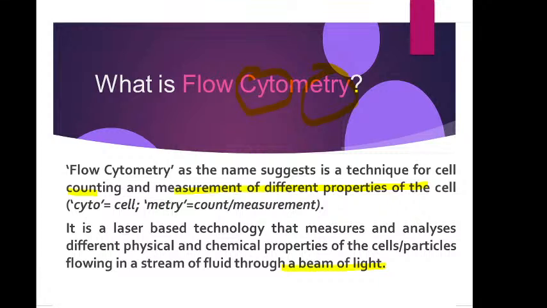So it's a computer based technology that measures and analyzes the different physical and chemical properties of the cell particles flowing in a stream of fluid through a beam of light. This is the definition of flow cytometry: in the presence of light, we have to count the cell, the size of the cell, the internal complexity of the cell, or different properties of the cell.